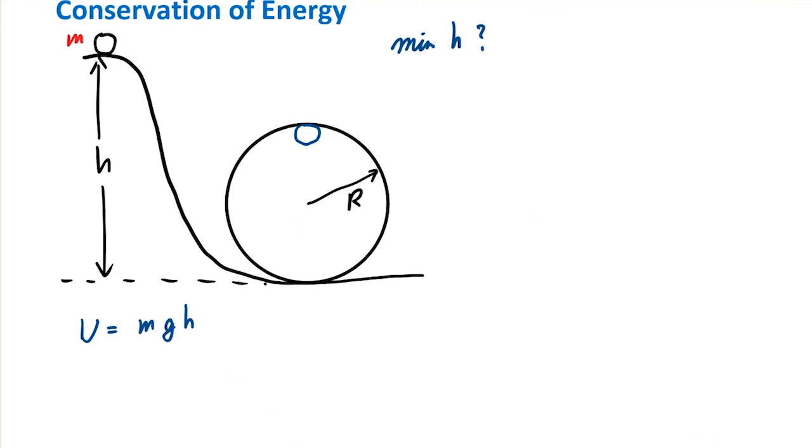Then the energy, we'll just say energy initial. Energy final is kinetic energy plus potential energy, isn't it? What is the kinetic energy then? 1/2 mv squared plus mg, the height, 2r. That makes sense to you?